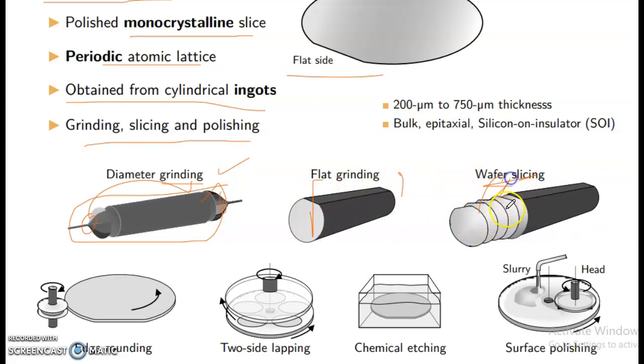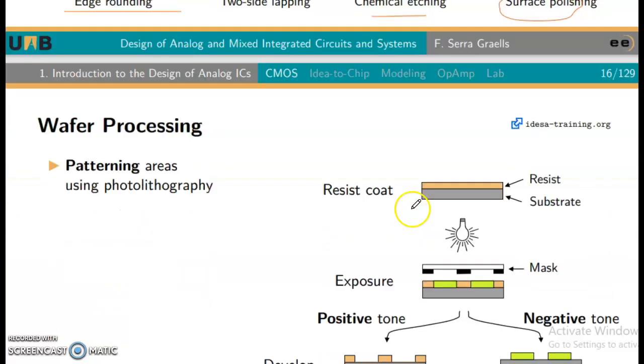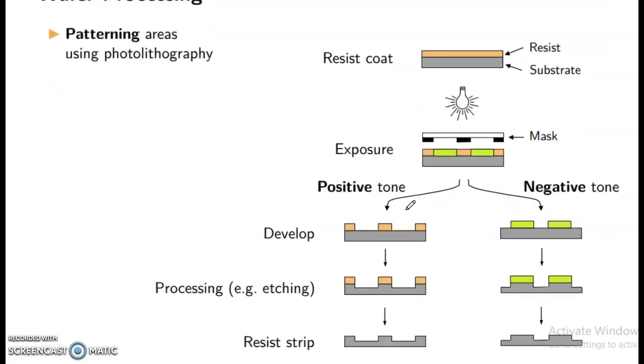Wafer thickness 200 micrometer to 700 micrometer: bulk, epitaxial, silicon on insulator (SOI). Edge rounding. Two side lapping, here and here. Chemical etching. Surface polishing with slurry and head.